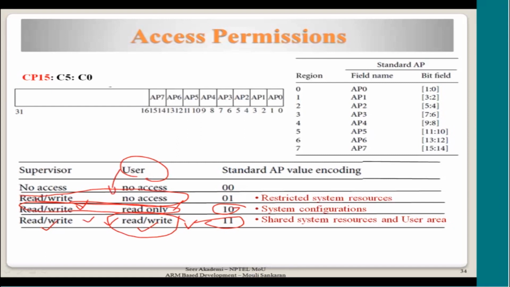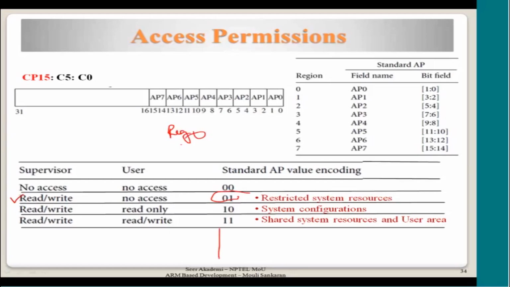We don't want the user to access it at all. Only for some shared resources we may give user access. But for typical OS code, we will give this region's attributes access permission. So what I am trying to say is, suppose you have a region 0 given to the OS area, then you have to decide which access permission you will give to the OS area.